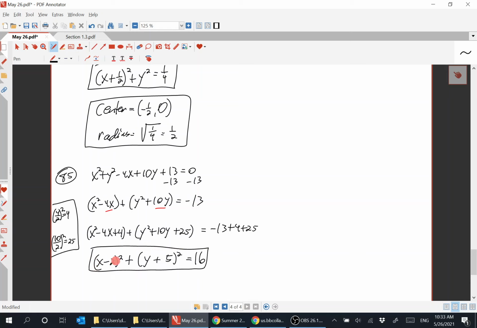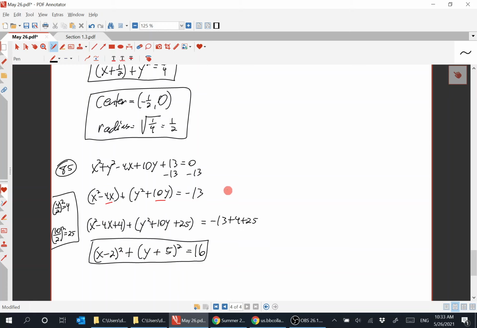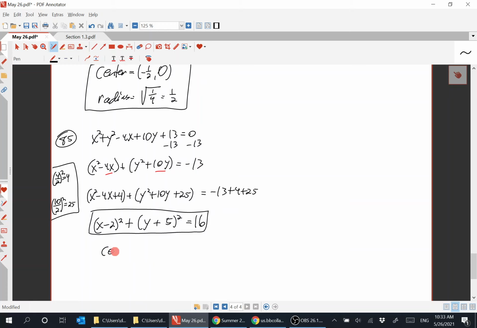Okay, this one is (x minus 2) squared because that's a minus sign. And this one is (y plus 5) squared because that's a plus sign. So the center is x coordinate 2, y coordinate negative 5, and the radius is the square root of 16, which is 4.